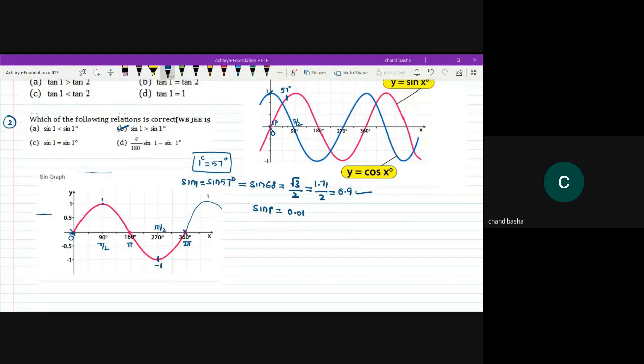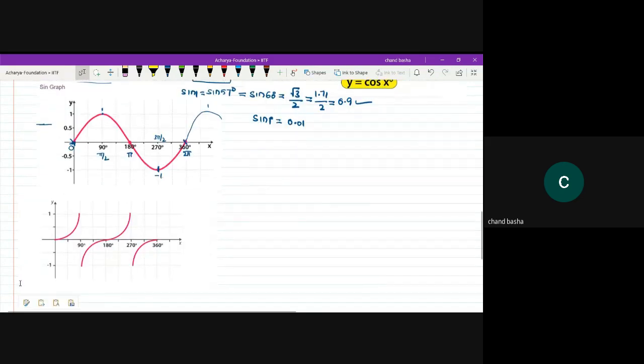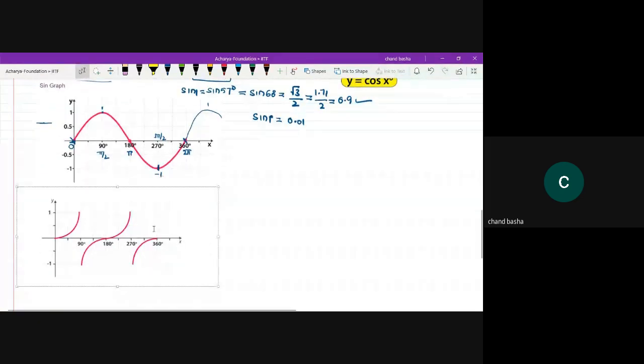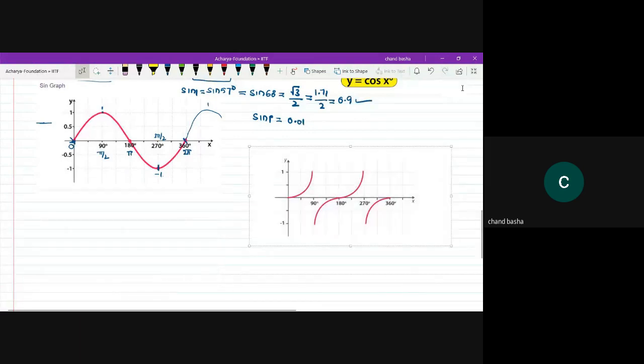Once you can see the graph, and tan 90 is infinity. That is important. Sir, it is undefined value. I can take the tan graph, guys. This is the tan graph. Y is equal to tan x. Y is equal to tan x graph.